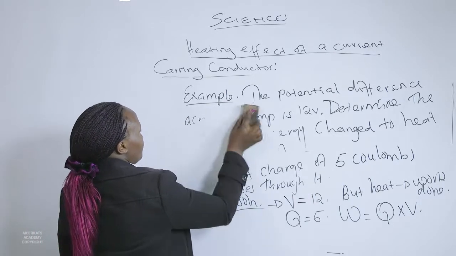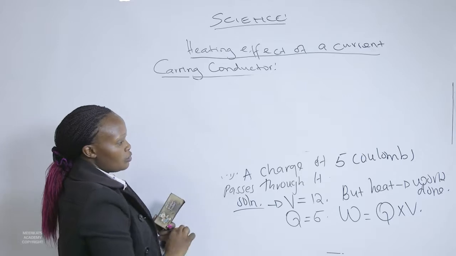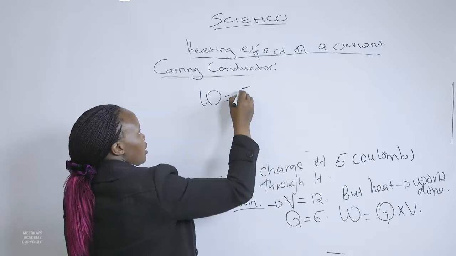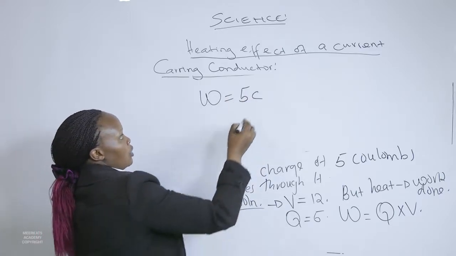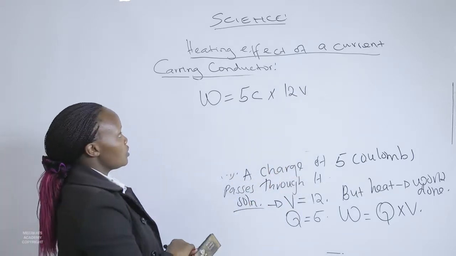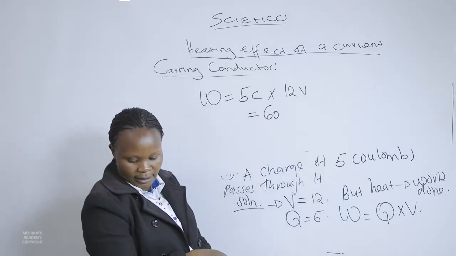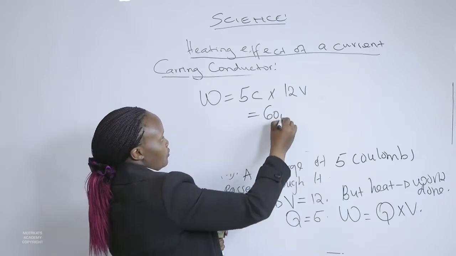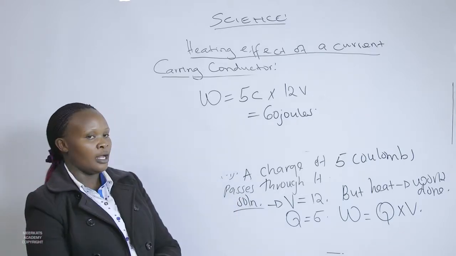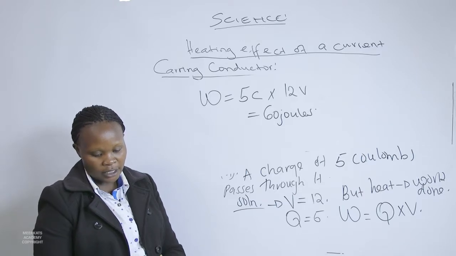And therefore, we can substitute in our equation so that now work becomes our charge, which is 5 coulombs, multiplied by our potential difference, which is 12 volts, and the amount of heat is 60 joules. Remember that heat is a form of energy, and therefore it's proper to express it using the units of energy.